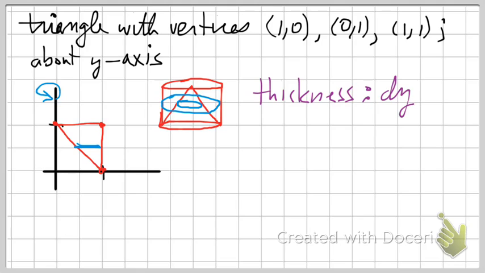Now, we need an outer radius and inner radius from our center of revolution, right? Now, the outer radius is pretty easy.